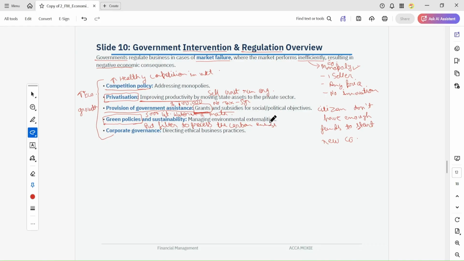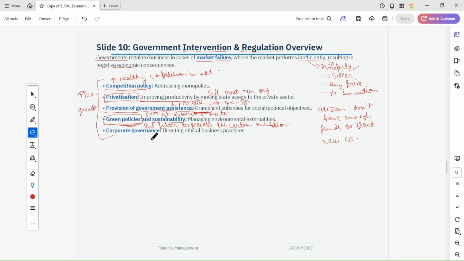These are some of the decisions government has to take in order to make green policies and make the environment sustainable. So, managing environmental externalities.